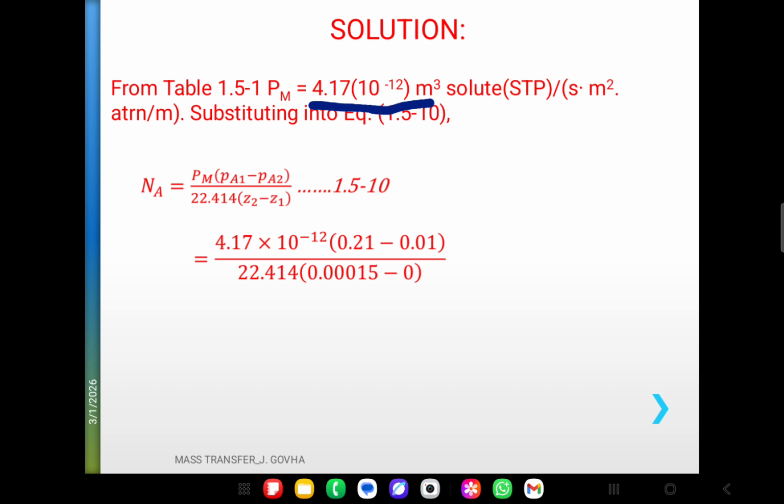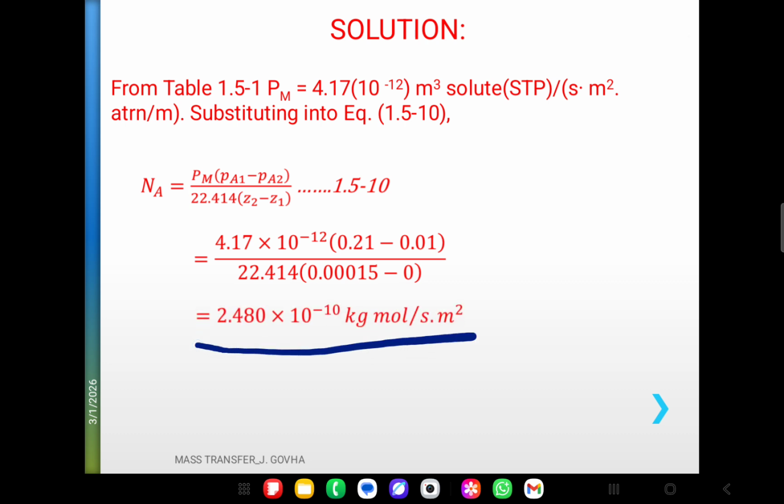As indicated, our PA1, PA2 is there, the thickness is known. Then all we need is to substitute and obtain our value, as indicated there. So this is the value we are getting.